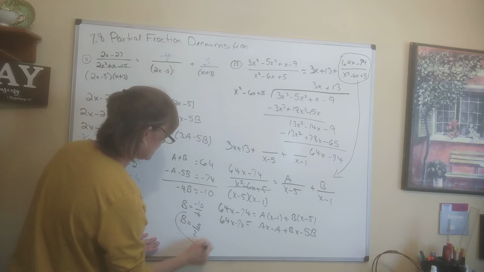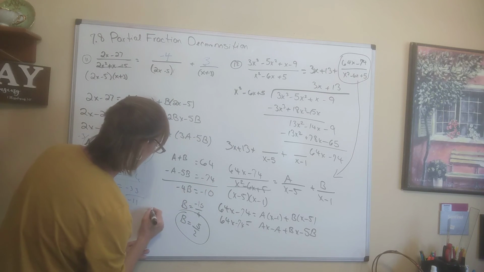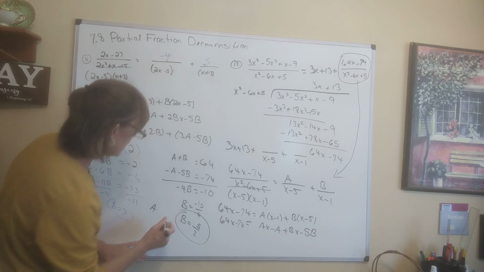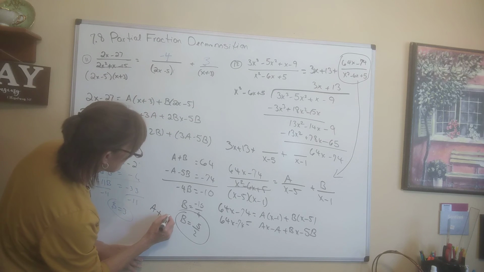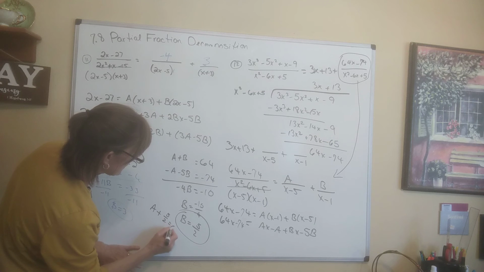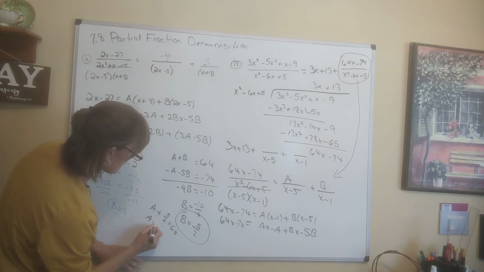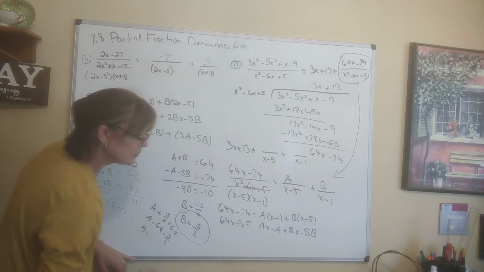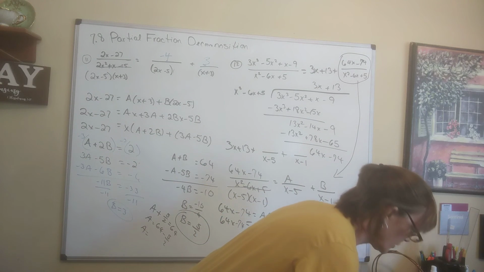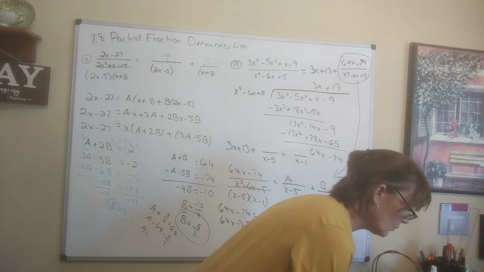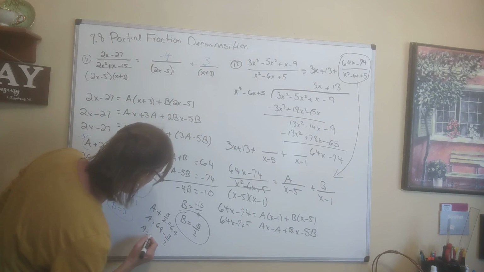B is 5 halves. So then, if we've got a plus 5 halves is 64, a is going to be 64 minus 5 over 2. And when we do that little bit of subtraction, we get that a is 123 over 2.